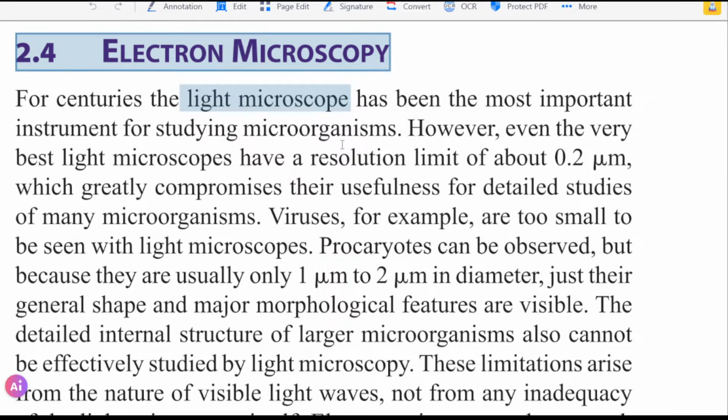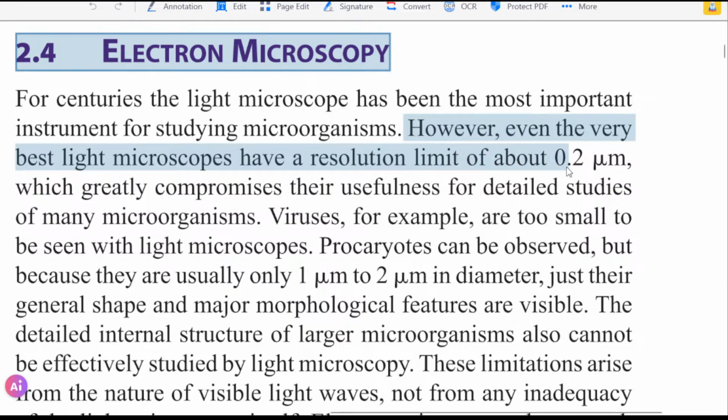So it was in the later 1900s that the electron microscope was developed. However, even the very best light microscopes have a resolution limit of about 0.2 micrometer, which greatly compromises their usefulness for detailed study of microorganisms.